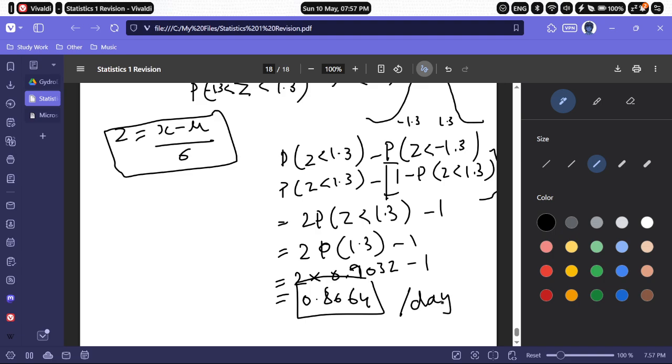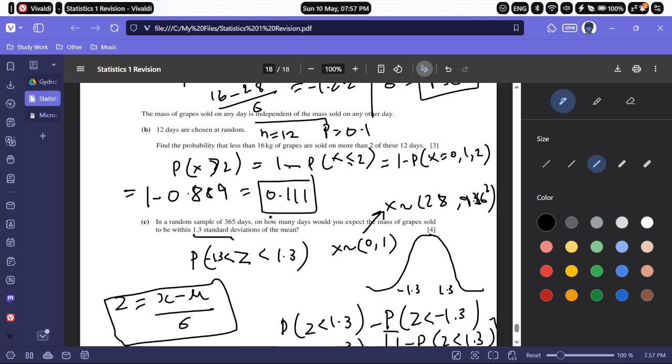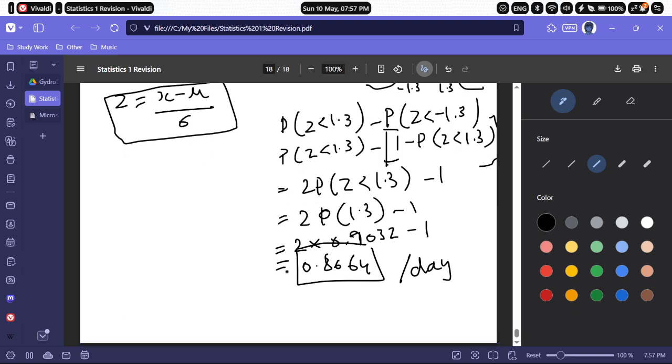Now you have to calculate the number of days that this would actually hold true, so you multiply this by 365. So 365 times the probability of that occurring, 0.8064, would come out to be 294.36. You can round it down as 294, or round it up as well, that works.